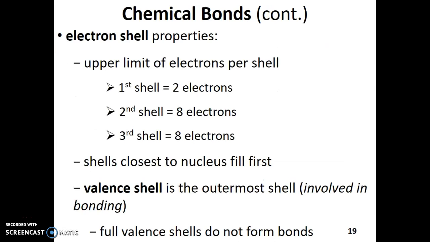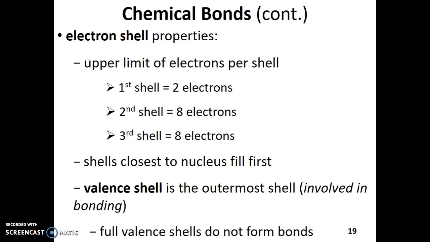So anytime we don't have a full orbital, the atom is not happy. It's not as stable. All atoms want their outer shell, so the outermost shell, filled. So we fill from the inner to the outer. So say you have 3 shells. The first shell has 2 electrons and it's full.